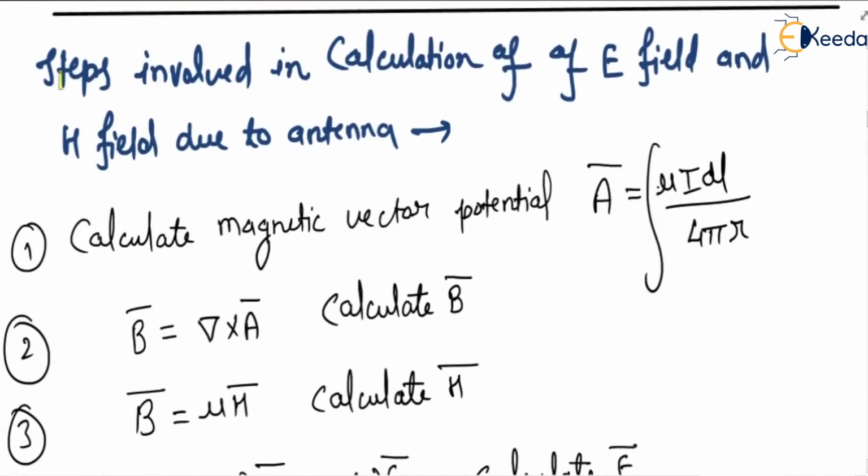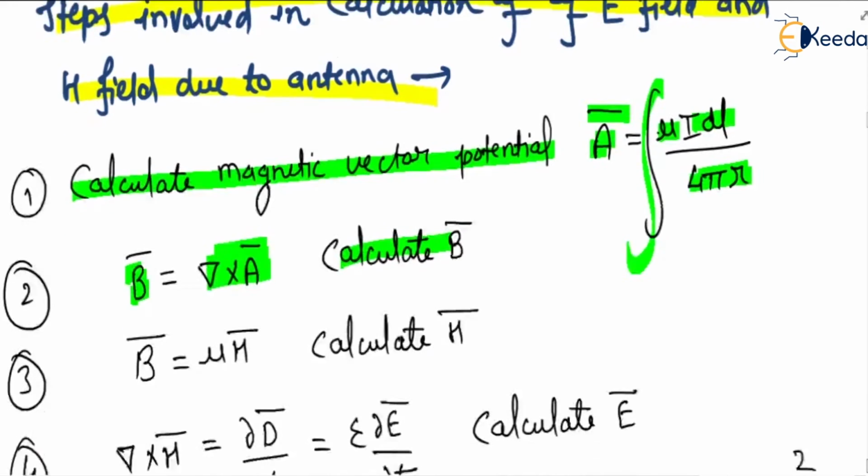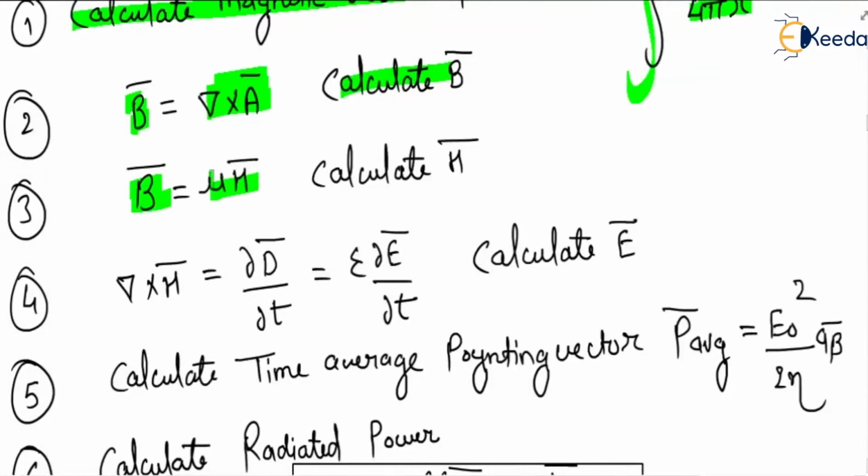So these are the steps involved in calculation of electric field and magnetic field due to an antenna. First of all, we calculate magnetic vector potential A, which is mu I dl upon 4 pi r. Then we calculate B, which is equal to del cross A, and B is equal to mu H. So we calculate H. Then del cross H is equal to del D over del t, which is epsilon del E over del t.